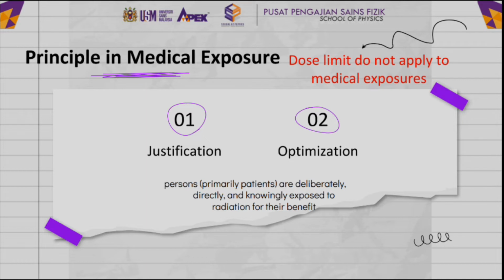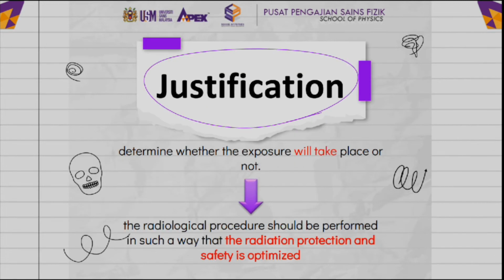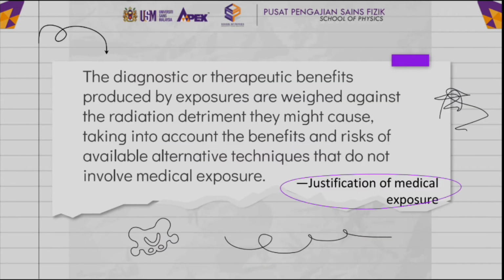Justification plays the role of gatekeeper, as it will determine whether the exposure will take place or not. If it is to take place, the radiological procedure should be performed in such a way that radiation protection and safety is optimized. In a treatment, we basically account for the benefits and risks.